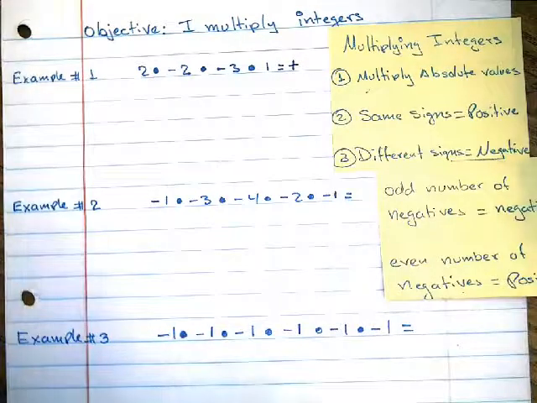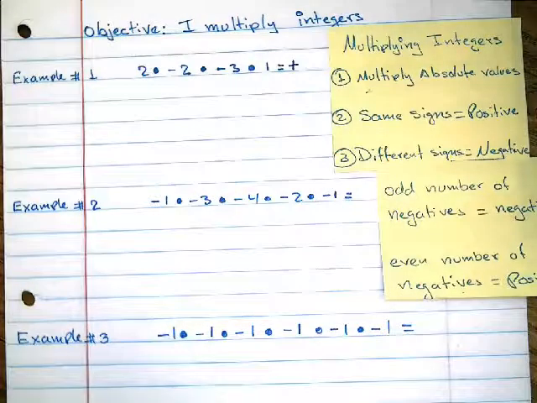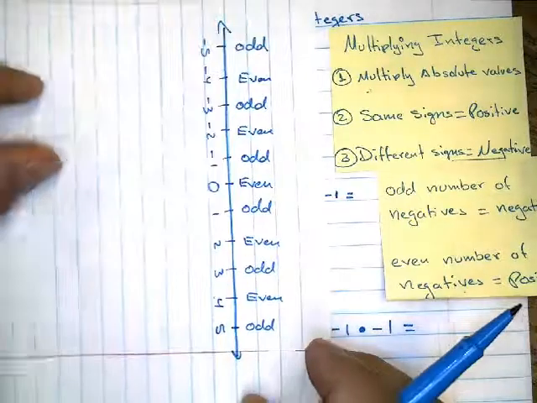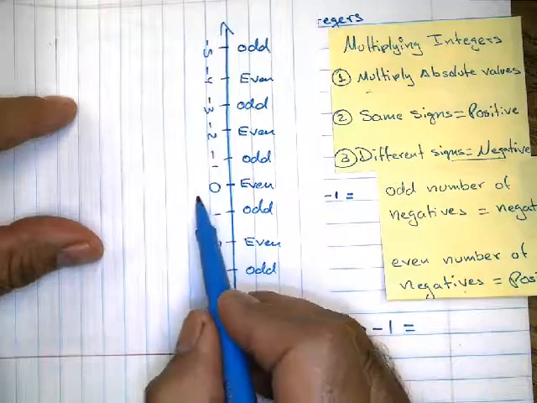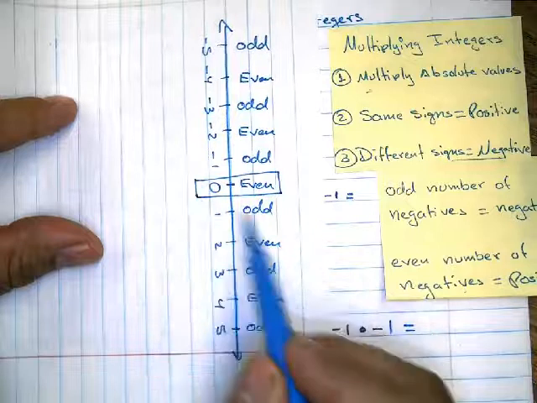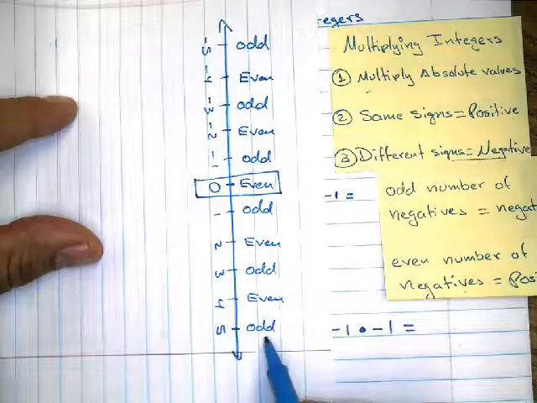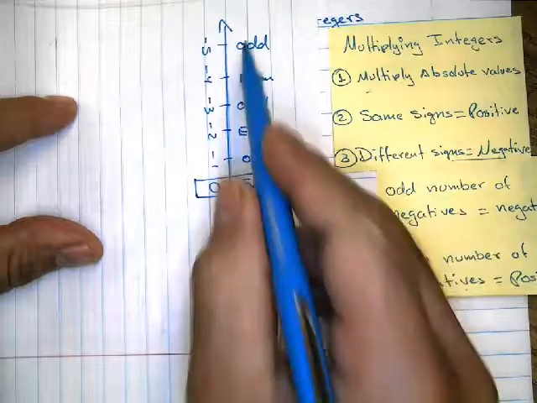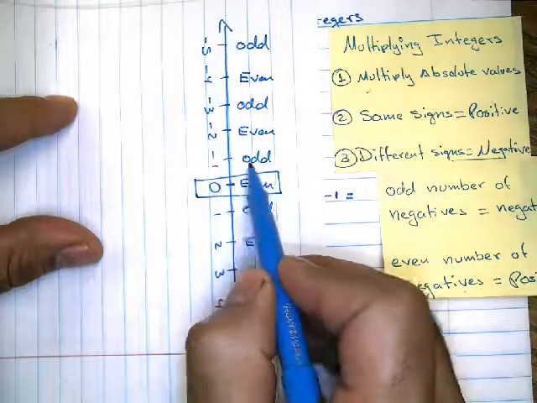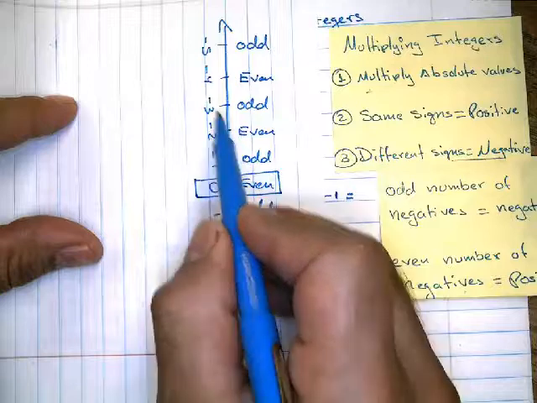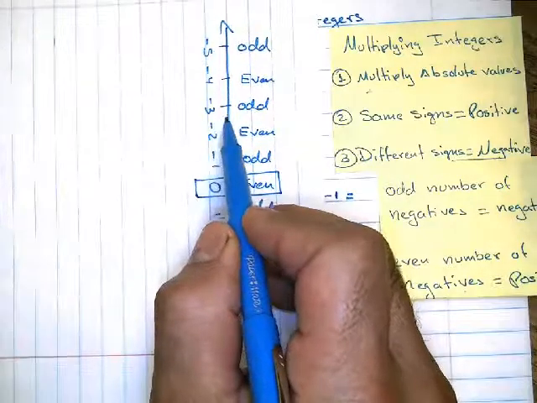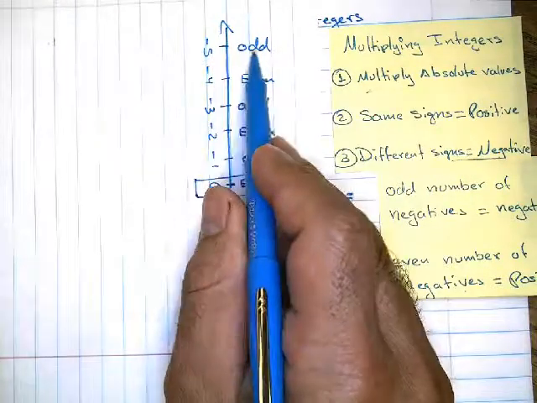Whatever I get, the answer is going to be positive. Now, to help you review which numbers are even or odd, I have this little number line. So 0 is an even number, 1 is odd, 2 is even, 3 is odd, 4 is even, 5 is odd. And if I go in the other direction, it's the same thing. -1 would be odd, -2 would be even, -3 would be odd, -4 would be even, and -5 is odd.